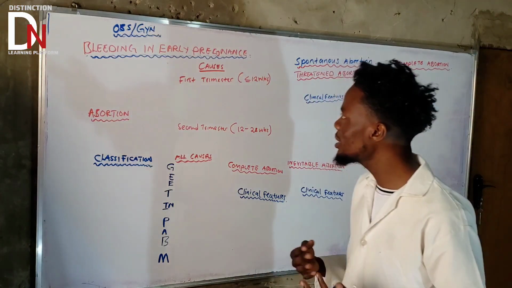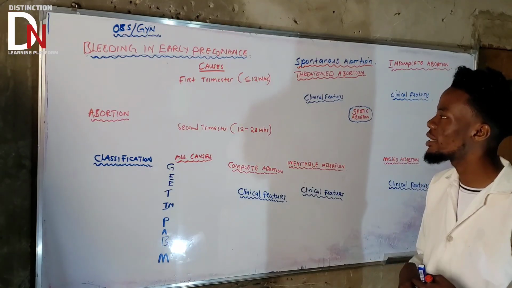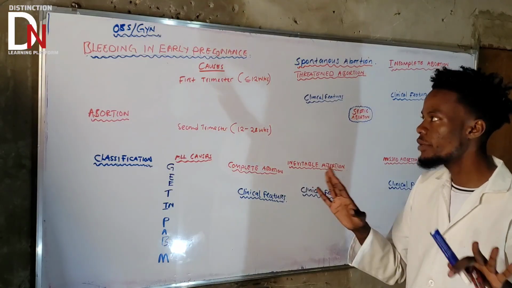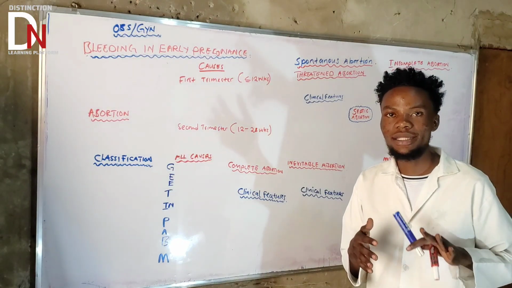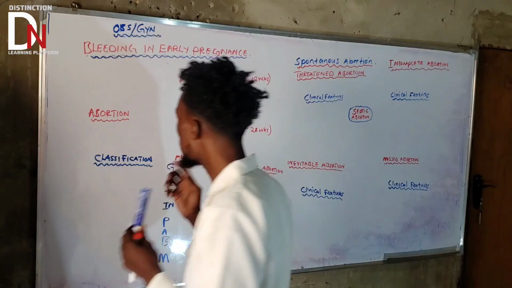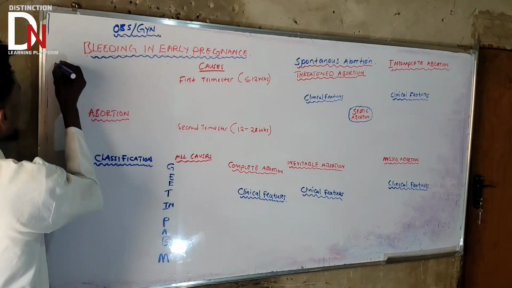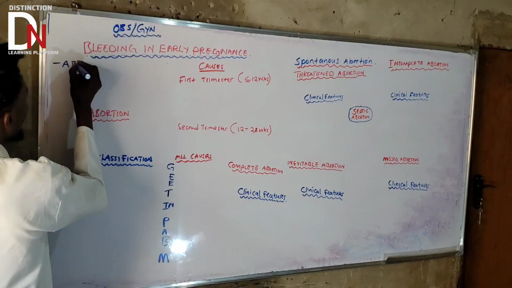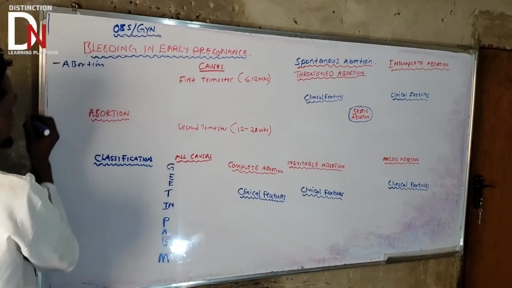Bleeding in early pregnancy, let's categorize into three main important things. Apart from what I talked about, what are those three important cases that can lead to bleeding in early pregnancy? The first one is abortion, which we will talk about in detail.